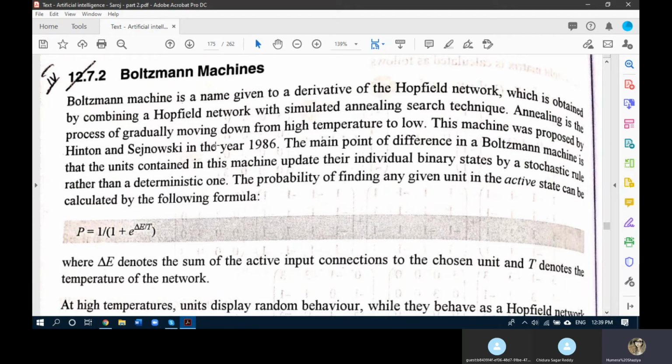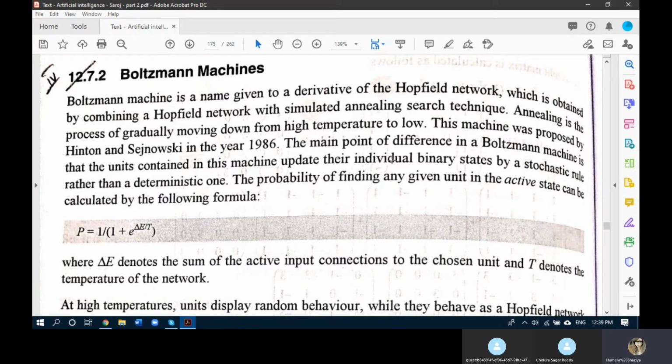The meaning of annealing is moving down from high temperature to low. This machine was proposed by Hinton and Sejnowski in the year 1986.